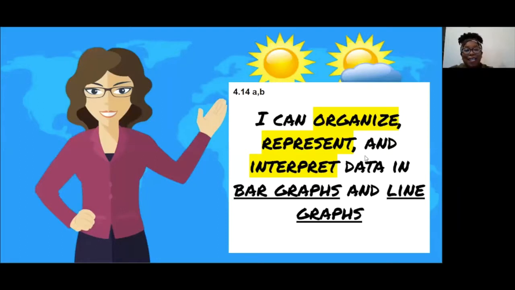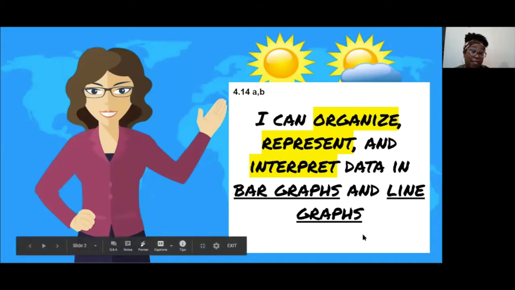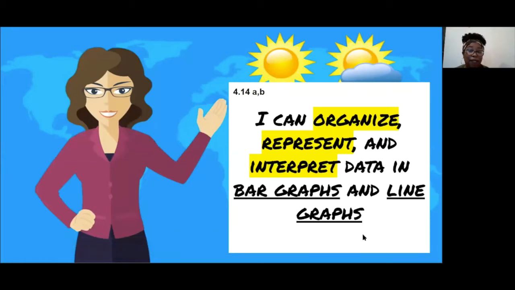So our I Can statement for today is: I can organize, represent, and interpret data in bar graphs and line graphs. As always, let's unpack a bit. The word organize, what does that mean to you?